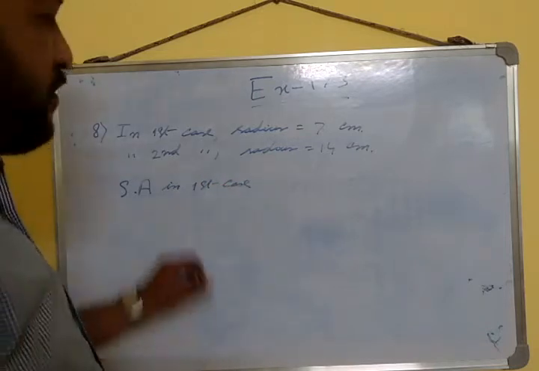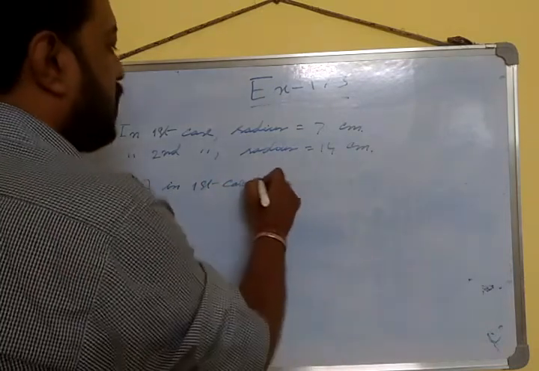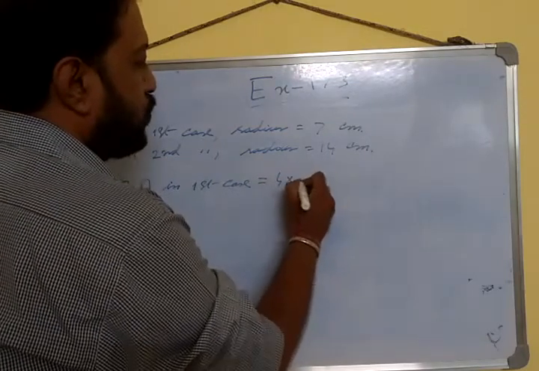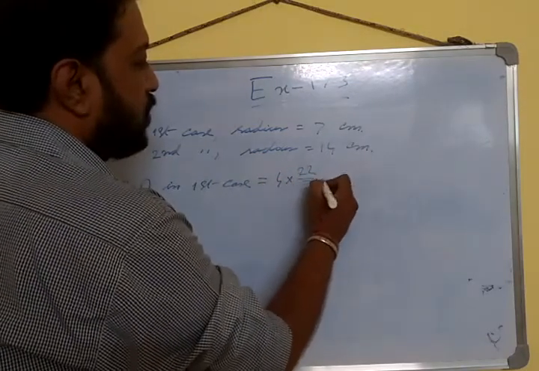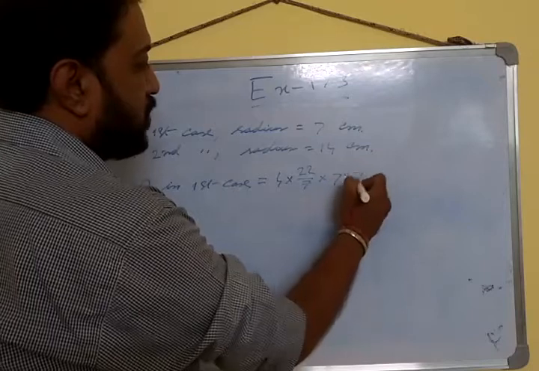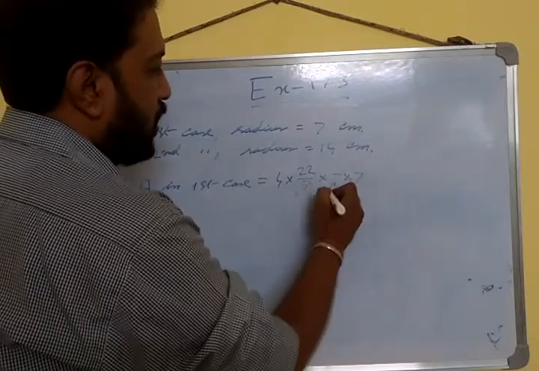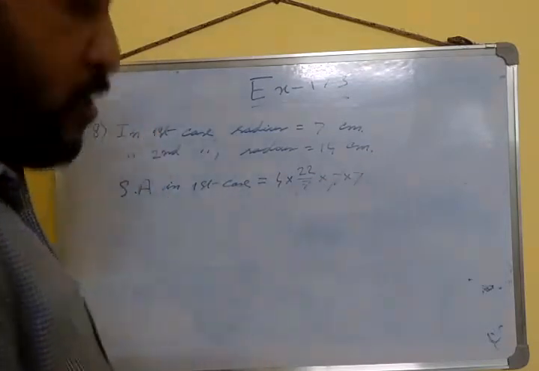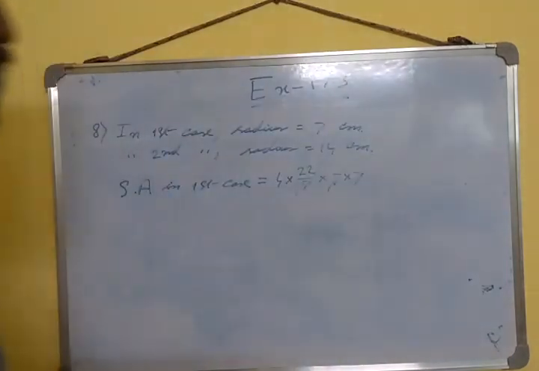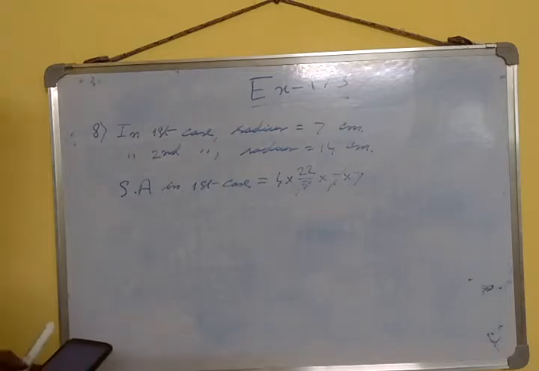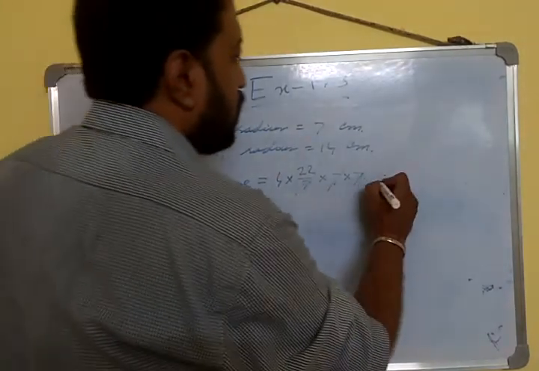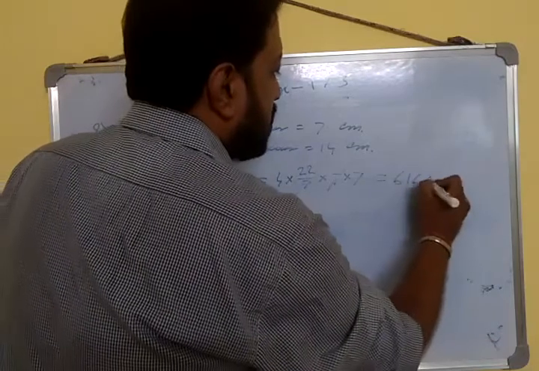Surface area in first case equal to 4 into 22 by 7 into 7 into 7. Then we will calculate it. 88 into 7. So it will be 88 into 7. That is equal to 616. That is equal to 616 centimeters square.